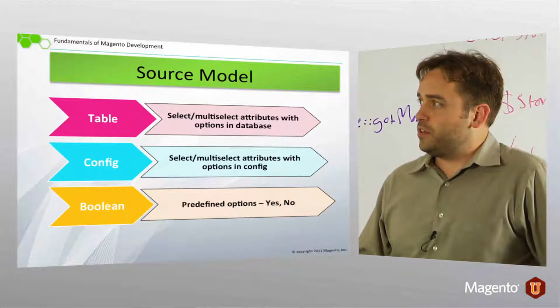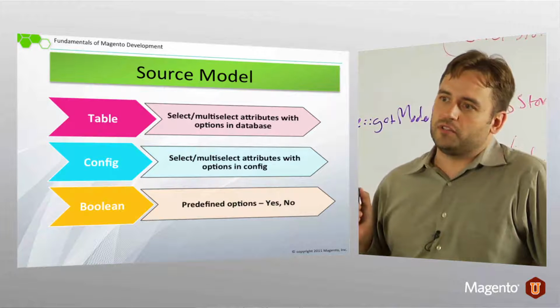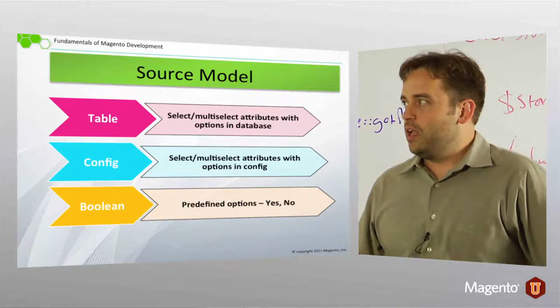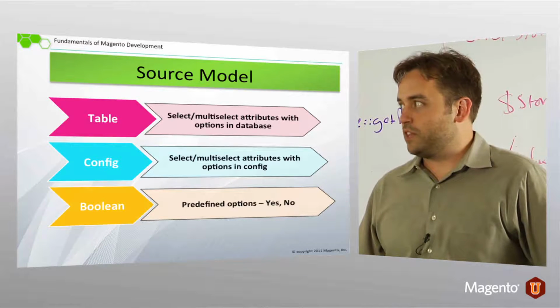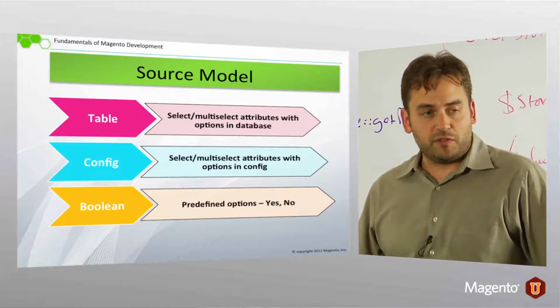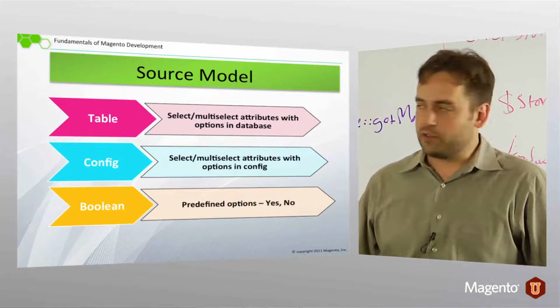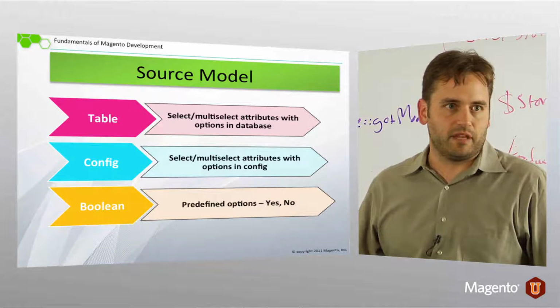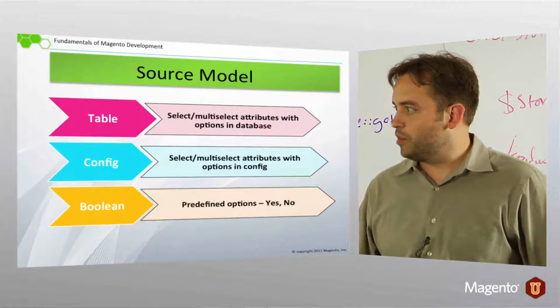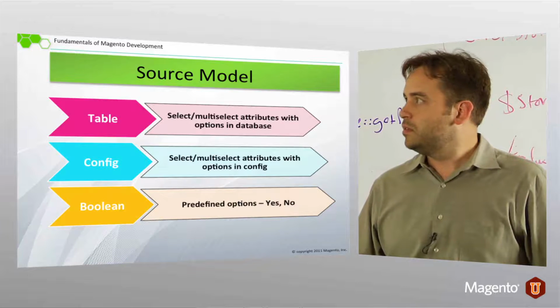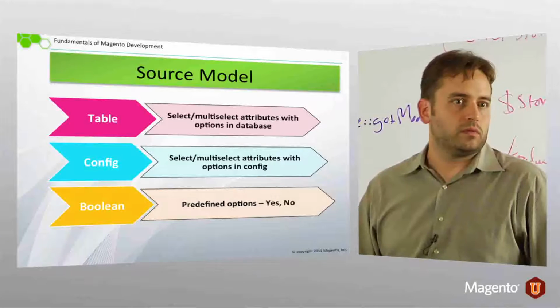There's a table model that gives us access to get those attributes out of table storage. There's the possibility to get those out of configuration values, and there's the Boolean that I showed you. So you can actually investigate each of these classes and see how those work internally. We'll be customizing based on the Boolean source model tomorrow.